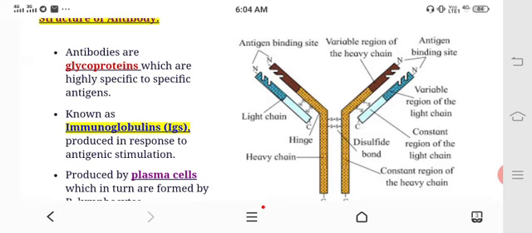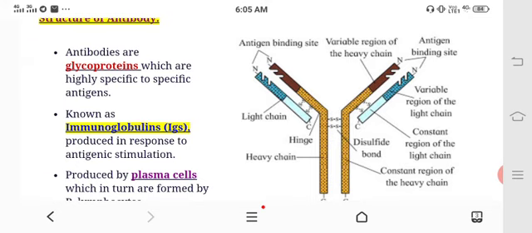Now, how is this antigen antibody complex formed? The study of the interaction of this complex is called serology. What is serology? Serology is the study of antigen antibody interactions.